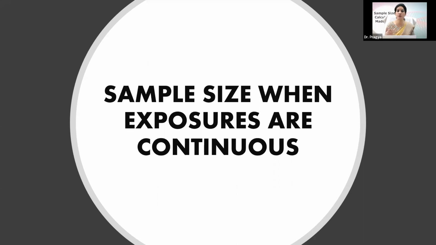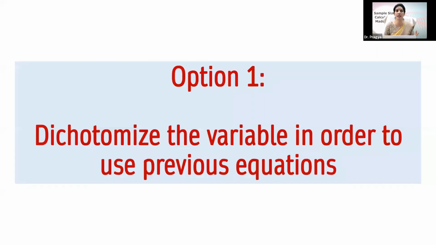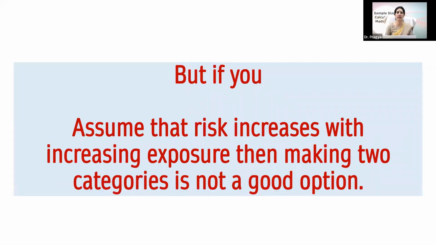And that we do just to see the dose response relationship. If the exposure is like you are measuring some carbon monoxide level in the blood, and if you convert it into binary, then that meaning is lost. So if you dichotomize the continuous variable, where there is a clear-cut dose response relationship, you are losing the data. In that case, you should calculate the sample size based on the mean.